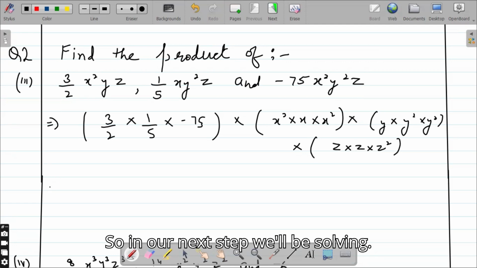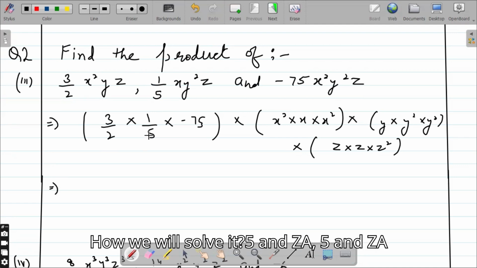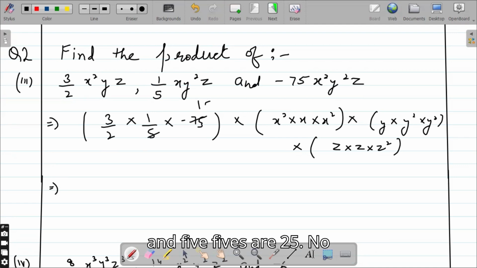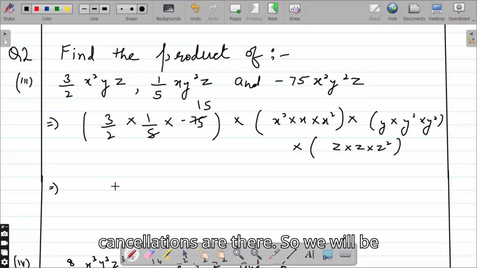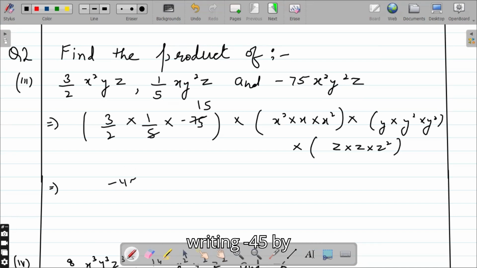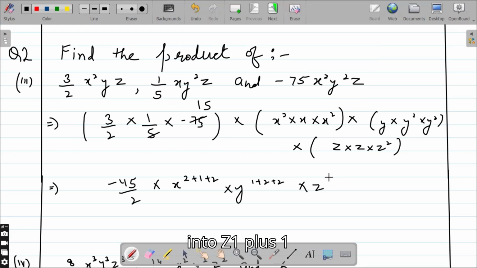So in our next step, we'll be solving. How will we solve it? 5 ones are 5, and 5 fives are 25. No other calculations, no other cancellations are there. So we will be writing minus 45 by 2 into x to the power 2 plus 1 plus 2, y to the power 1 plus 2 plus 2, z to the power 1 plus 1 plus 2.